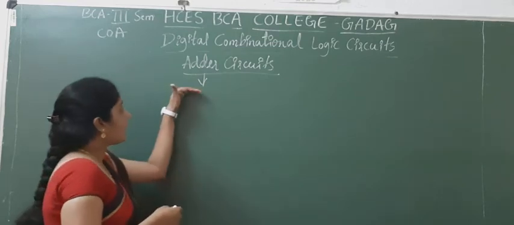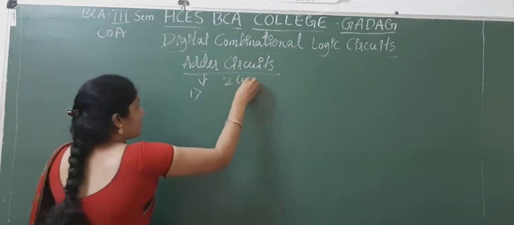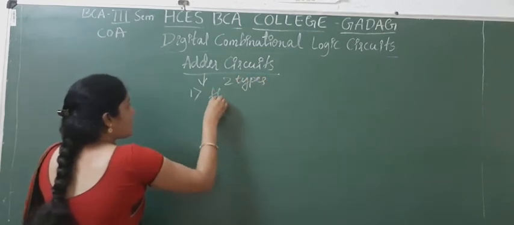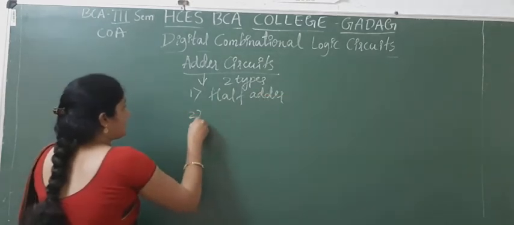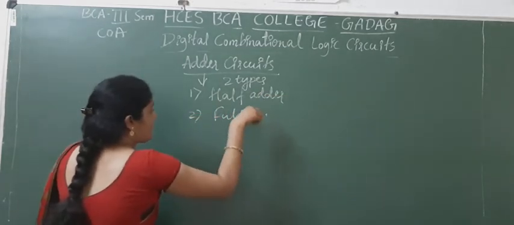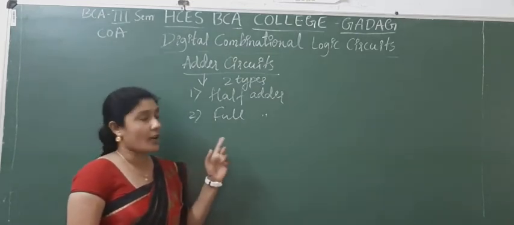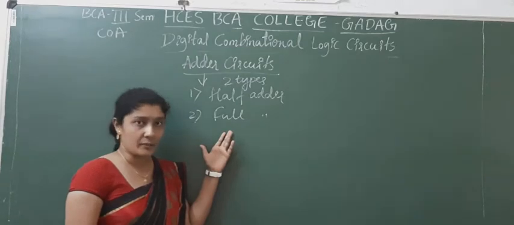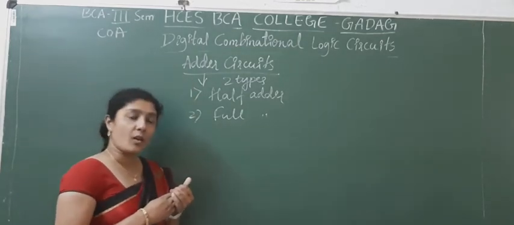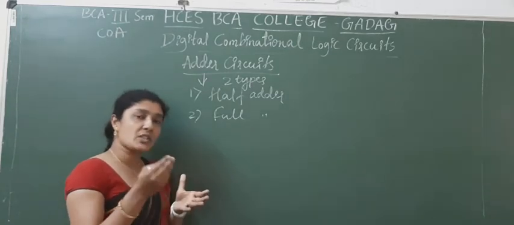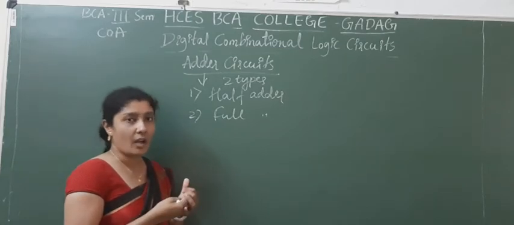In the adders, again there are two types. One is half adder and another one is full adder. So what is this adder actually? Adder is a digital combinational logic circuit which adds the binary inputs and gives the binary output.